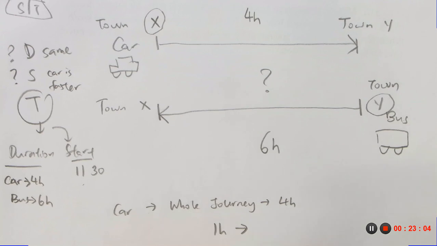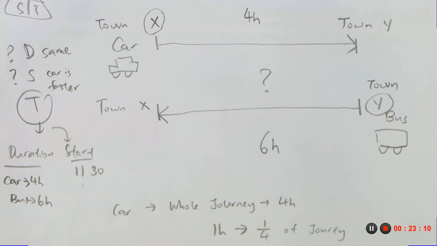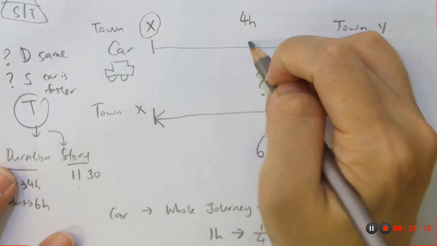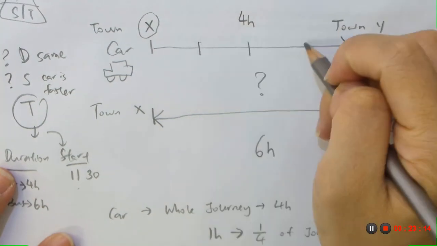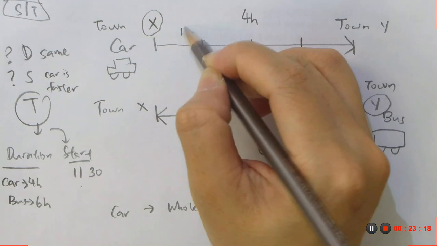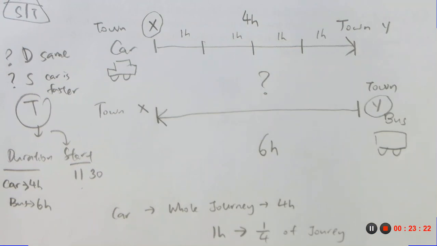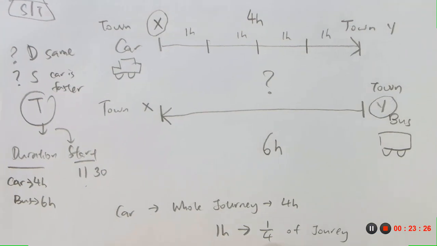Yes, 1/4 of the journey. If the whole journey is 4 hours, I can cut it because it will be a constant speed. 1 hour you reach here, 1 hour you reach here, 1 hour here, 1 hour here. So in 1 hour's time, the car will make 1/4 of the journey.